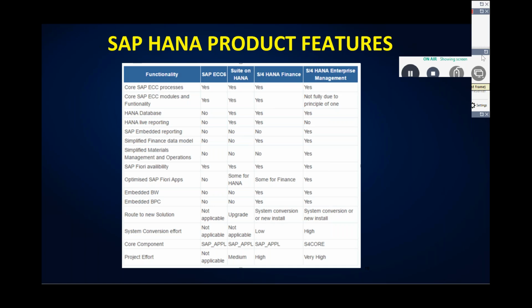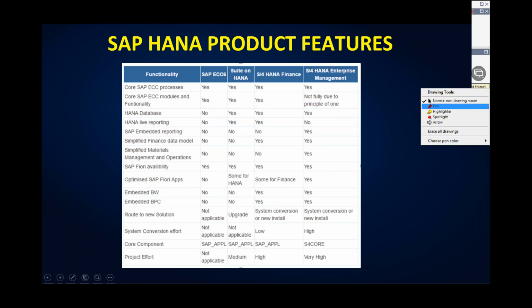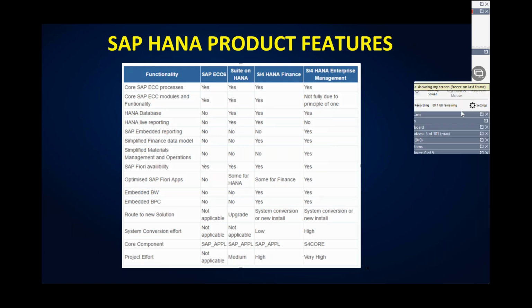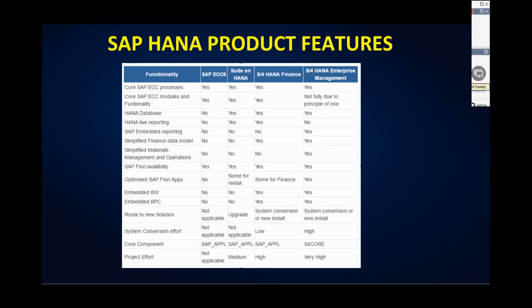We have one question from Tapas: what is the on-premise edition? So basically SAP HANA is delivered in two. So that's why I said that things are getting simplified, but for consultants it's getting complicated. Now S4HANA is delivered in two models.